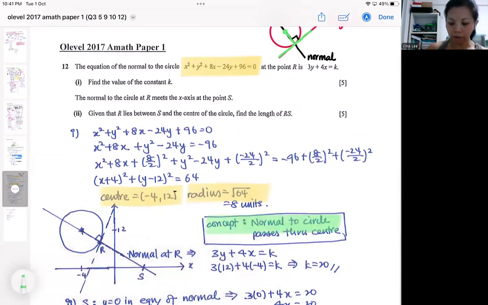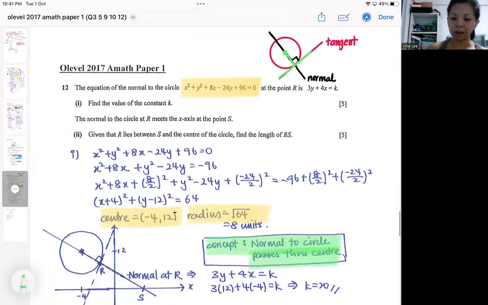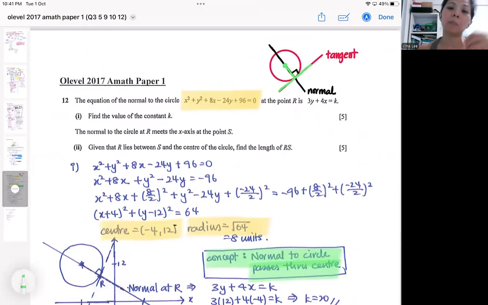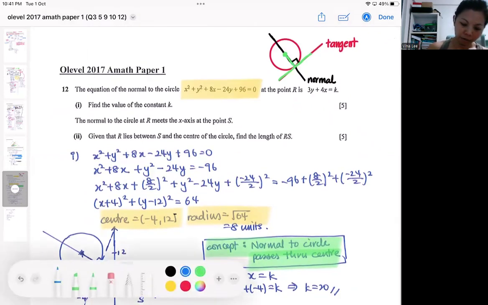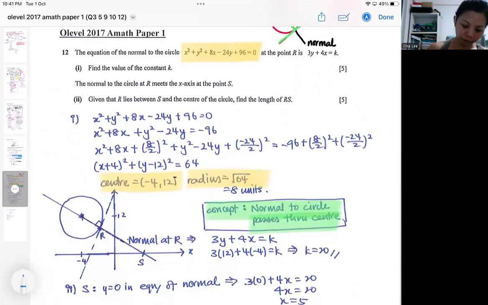Not a very commonly mentioned idea because it's linked to the radius perpendicular to the tangent. So if you know this idea, that means the normal given in this question, 3y plus 4x equals k, will have the center sitting on it.